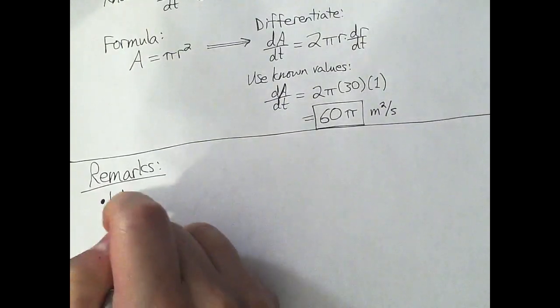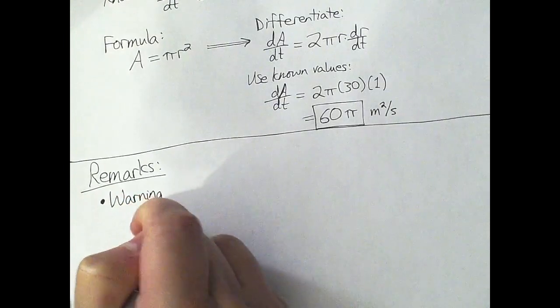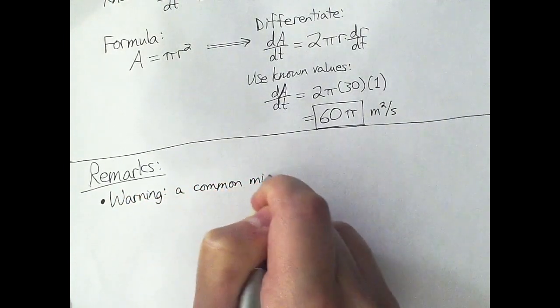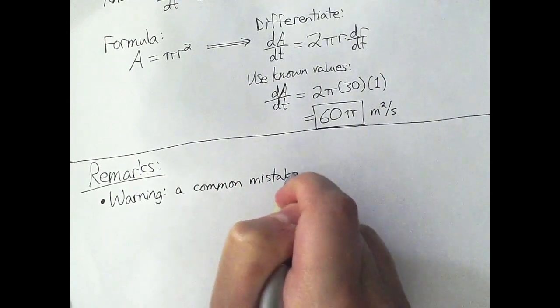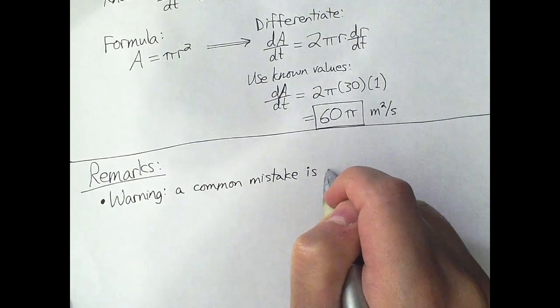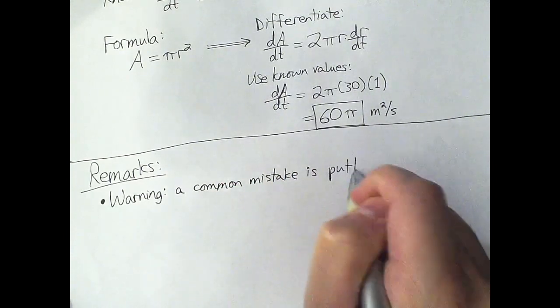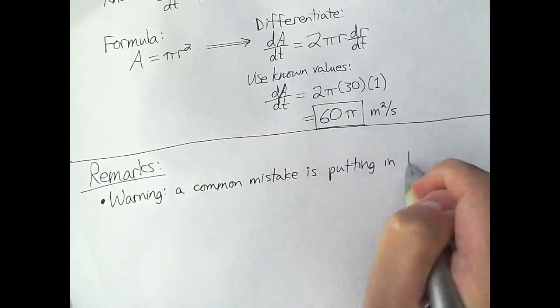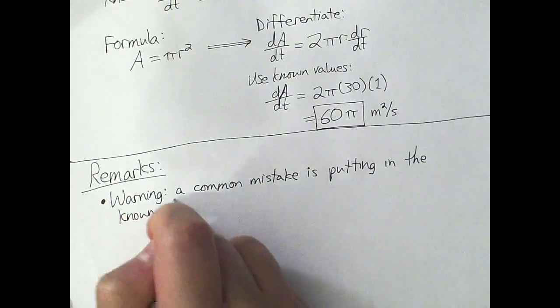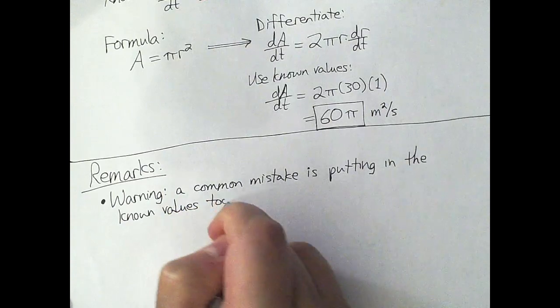All right, first of all, the first one is a warning. A common mistake is putting in the known values too soon.